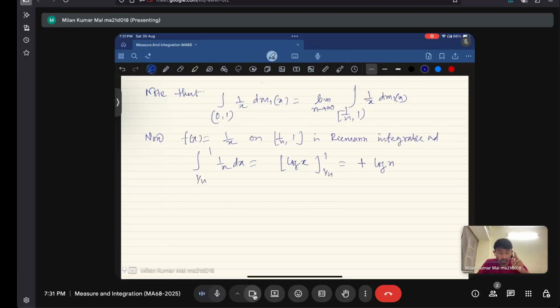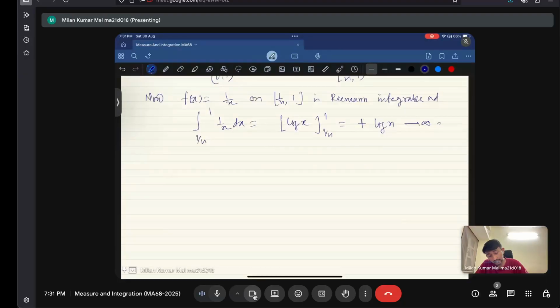Log 1 is 0, minus log of 1 by n, that is plus log n. So this tends to plus infinity as n tends to infinity. Therefore, this limit does not exist finitely.